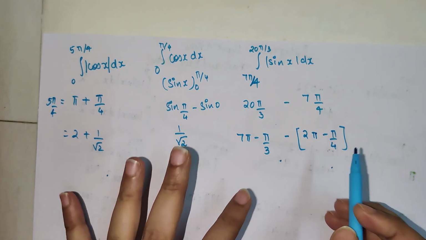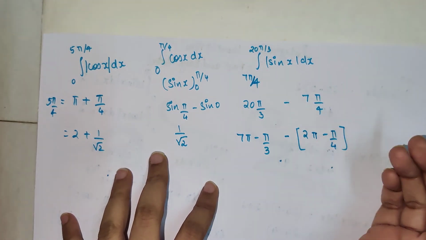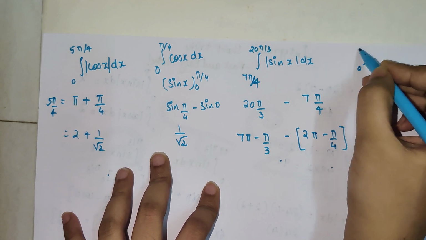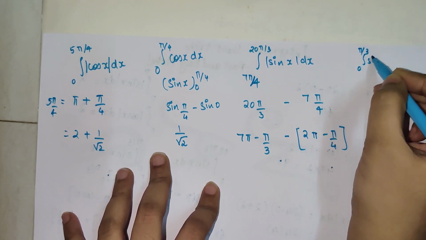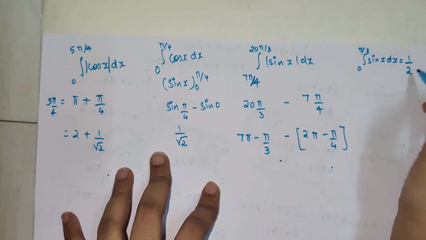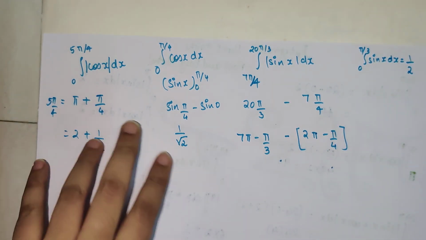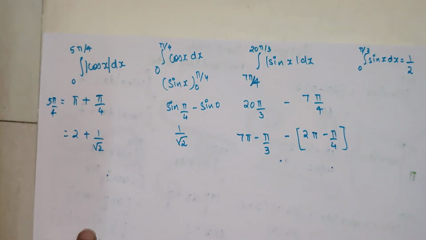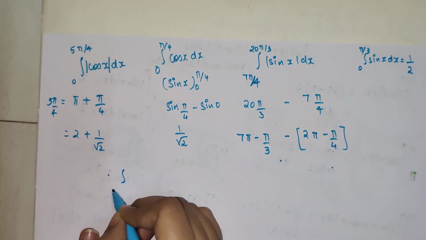Now the only problem is we know that 0 to pi by 3 for sin x was nothing but 1 by 2, but we do not know 0 to pi by 4 for sin x. So let's try and do that as well.